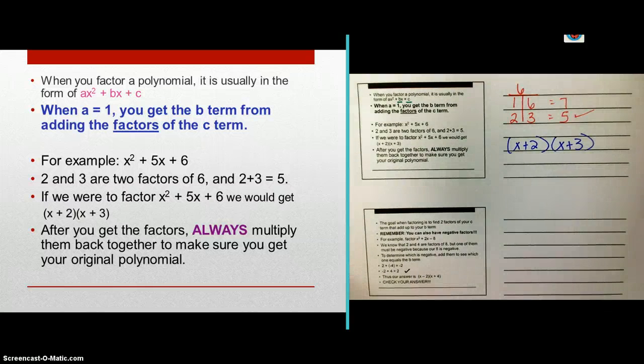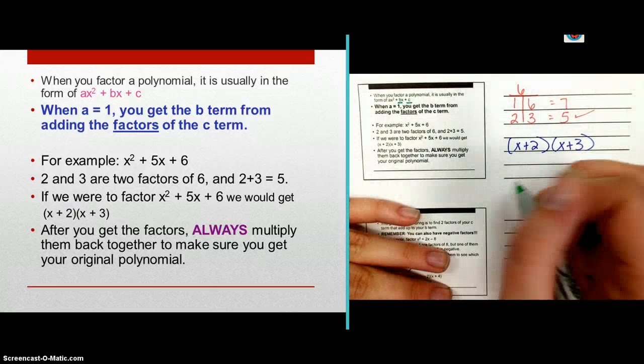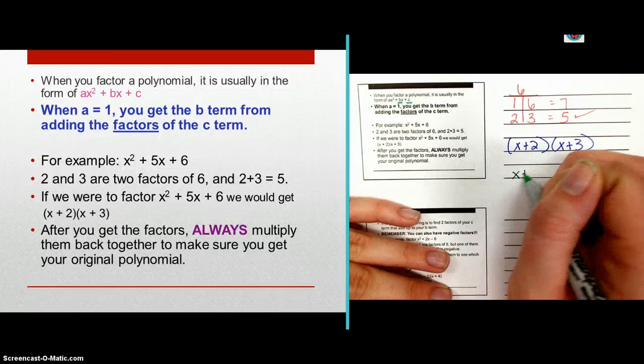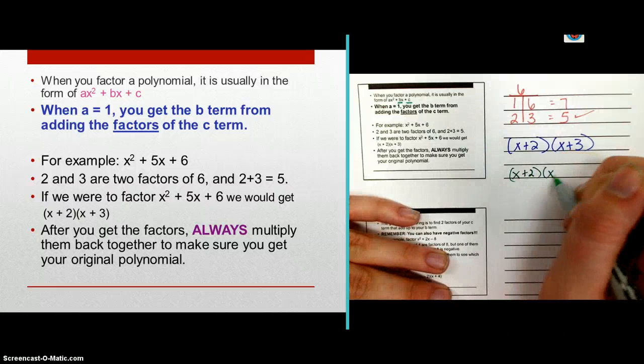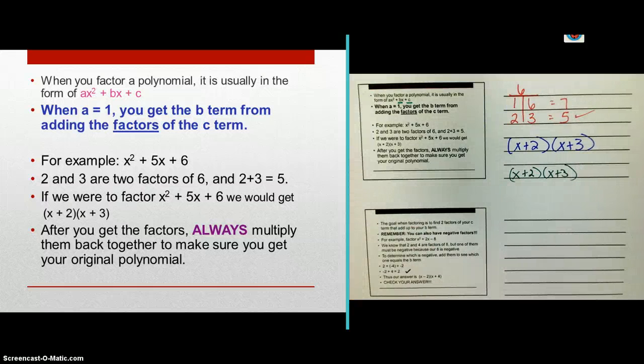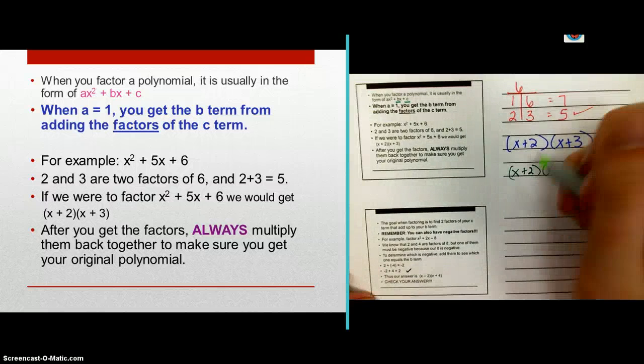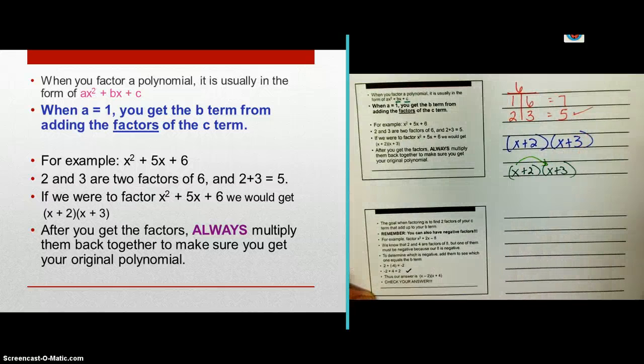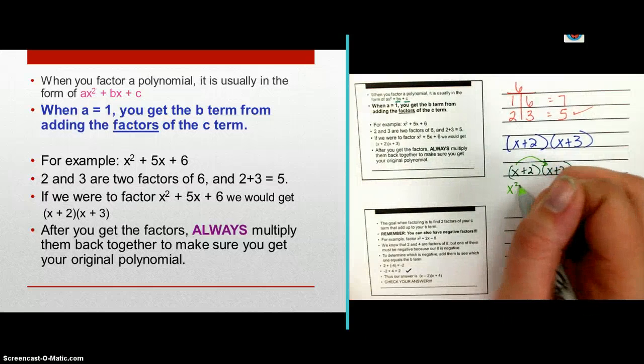Now, you always want to check to make sure that you've gotten the right factors. You check this by multiplying them back out. So I'm going to rewrite it so we can check our multiplication. First, we're going to do x times x and get x squared.